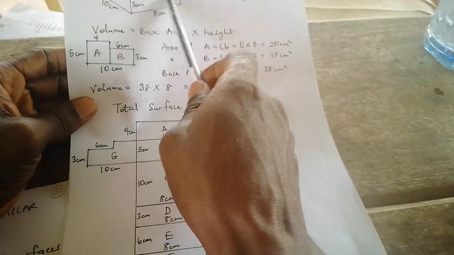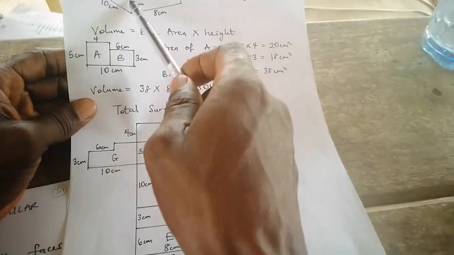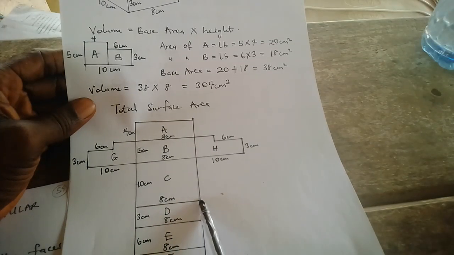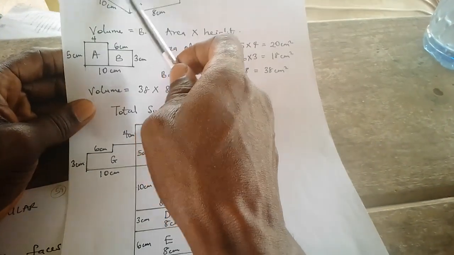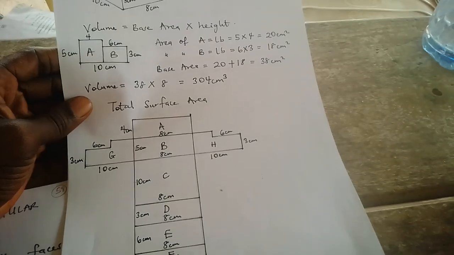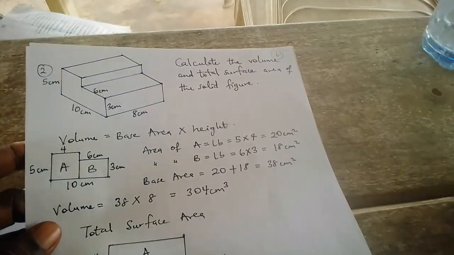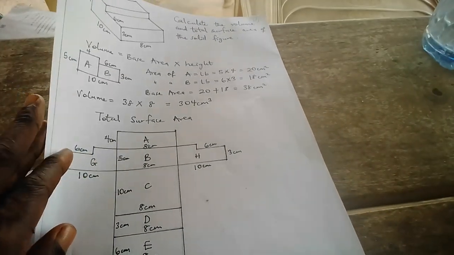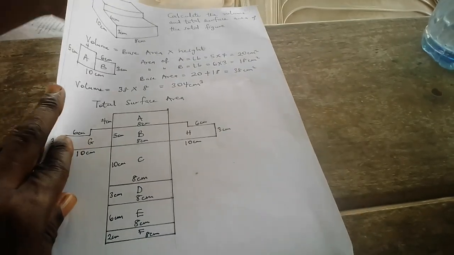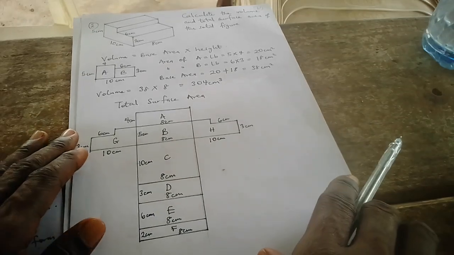Then this cover here will be this side. Then this place will be this, and the top here will be this place. So we must have a good imagination on how to dismantle such a shape. Those that did technical drawing will be able to do that more conveniently.